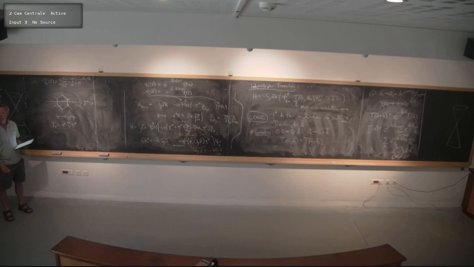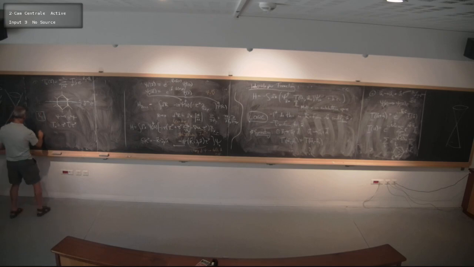Make sense? Just like when you conjugate an operator by a symmetry, you have to conjugate it on both sides. So that's one constraint. I call this reflection in the y direction.